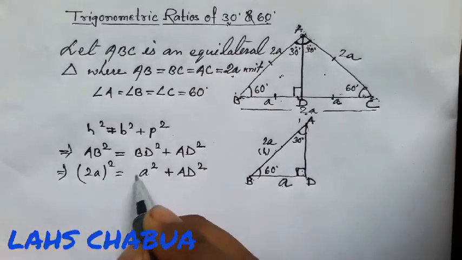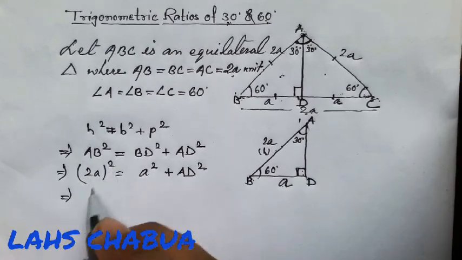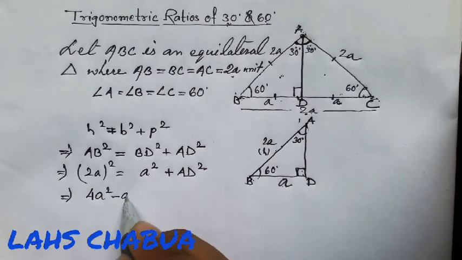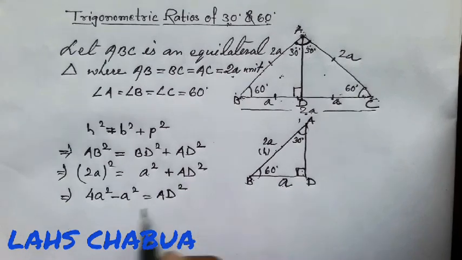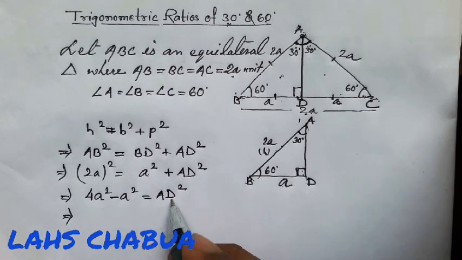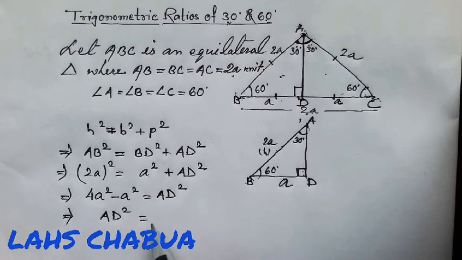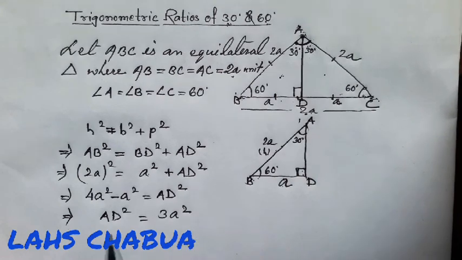Now transfer this A square to this side. Before that, find out the square of 2. Square of 2 is 4, so 4A square, transfer this side, minus A square, equals AD square. Now we are going to interchange our left hand part and right hand part. AD square we are going to write on the left, and 4A square minus 1A square is 3A square.